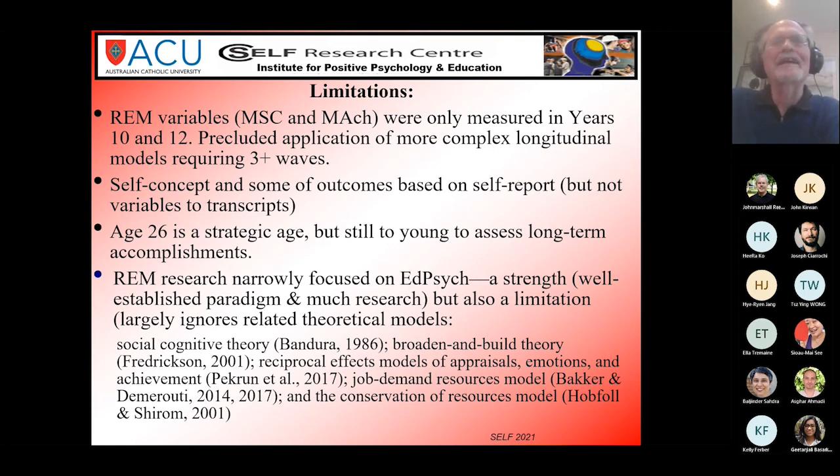And age 30 would be a more reasonable time to look because people have gone on and done higher degrees, university and master's degrees and PhDs and professional degrees and so forth. At age 26, they're just still getting ready to enter or have only recently entered the job market.